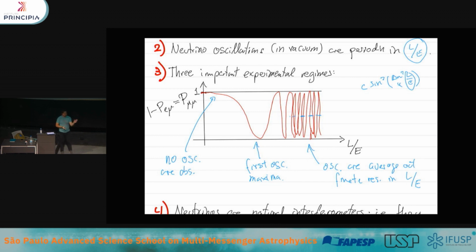I have an error in my neutrino energy resolution. That's actually going to involve an uncertainty. When you convolve this line with that uncertainty, that's going to smooth out and average these conversions. And so what you're going to end up with is some average behavior that, for the 2 flavor approximation, is going to be like a half of sine squared 2 theta. Okay, because the average of a sine squared is just half.